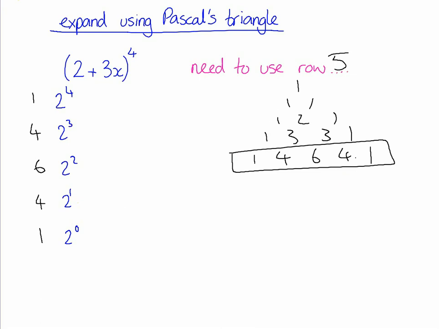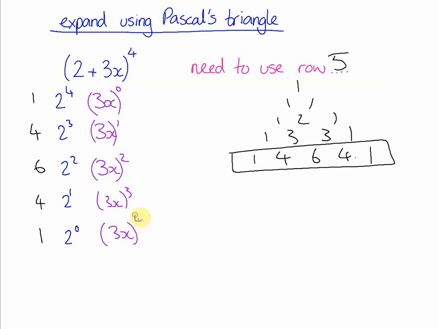So let's go to this second term. I'm just going to change the colour again. So (3x)^0, (3x)^1, (3x)... So I should be putting brackets around these. Just going to pop those in now. Squared, cubed, and (3x) to the power of 4.